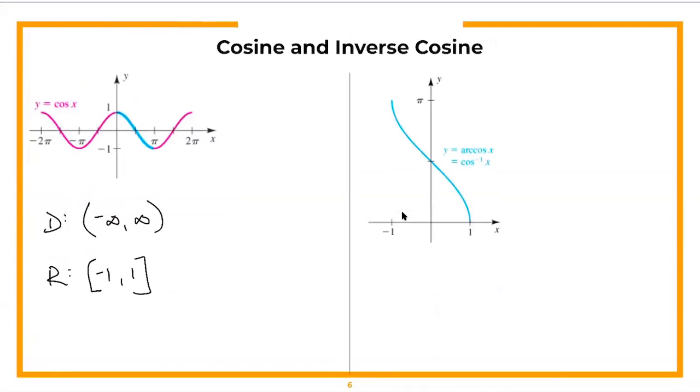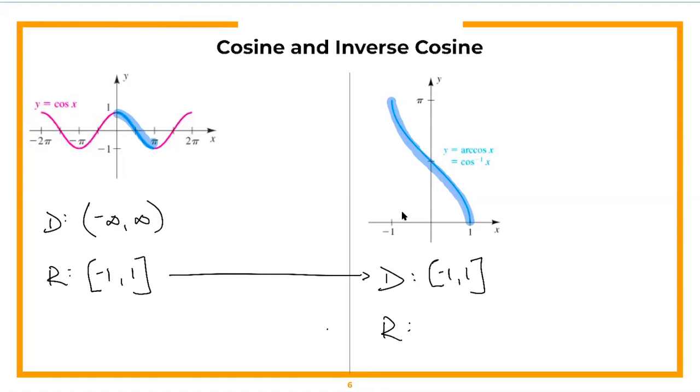And if we took a certain piece of the graph and we reflected it over the y equals x line, we would get this piece. And the range of cosine becomes the domain of inverse cosine.